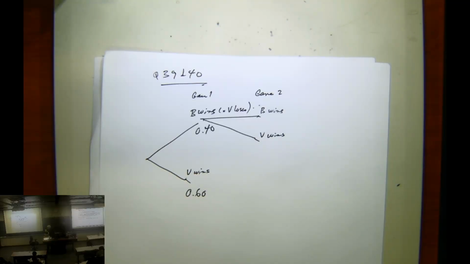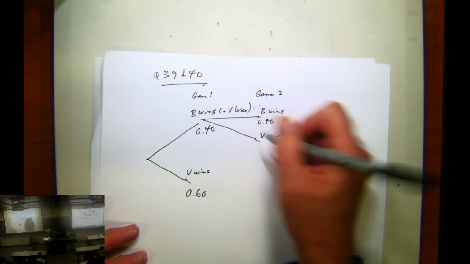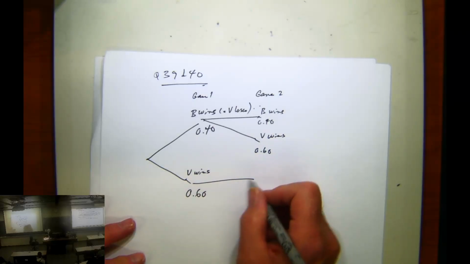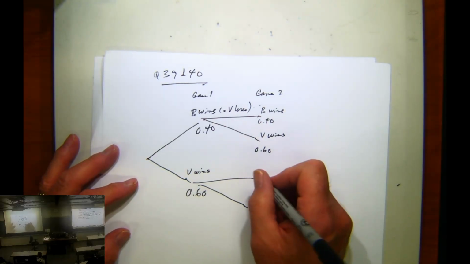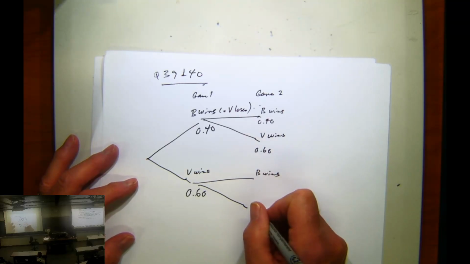We'd have to work with conditional probabilities if the outcome of the first game affected the probability of the outcome in the second. But in this case, we're told they're independent. So this is still 0.40 there, 0.60 there. But if Veronica wins, either Betty wins or Veronica wins.